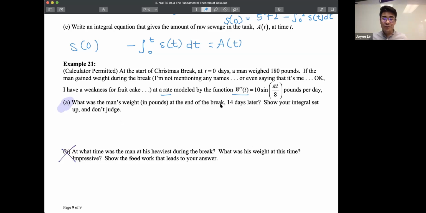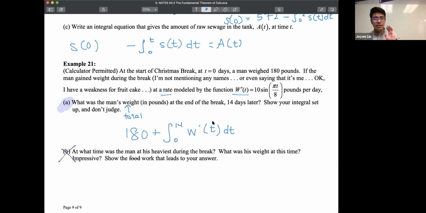This one you want to figure out the starting value, right? We want the total weight. So the total weight, he starts at 180 plus the integral from 0 to 14 of w prime of t dt, right? You'd write something like that as your answer for your total weight.